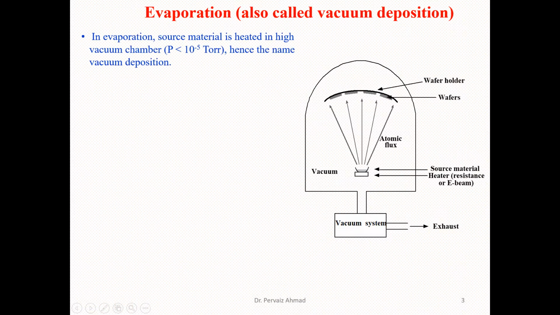So now let's come to a more formal discussion of evaporation deposition. In evaporation, the source material is heated in a high vacuum chamber. The pressure necessary for the evaporation is smaller than 10 raised to the power minus 5 torr.